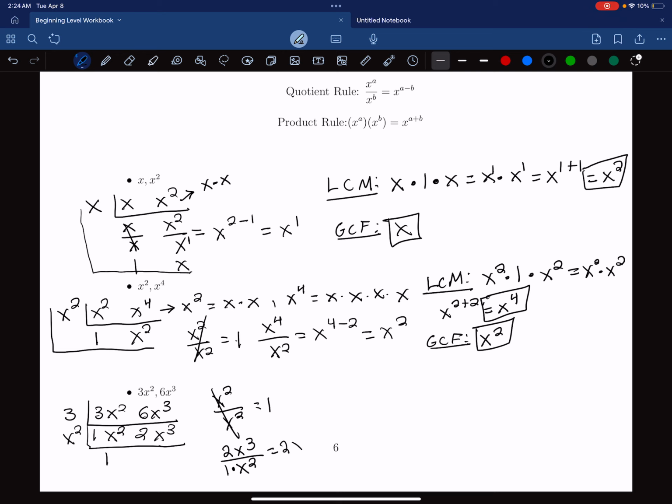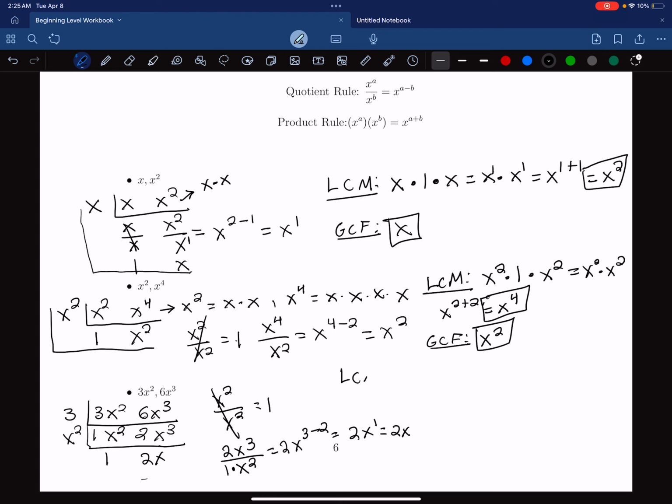So we're going to, remember, take the exponents and subtract. 3 minus 2 is just 1. So we have 2x to the first power, or in other words, just 2x. And we can't pull anything else out of these two bottom variables and numbers here. So this is our simplified ladder here.